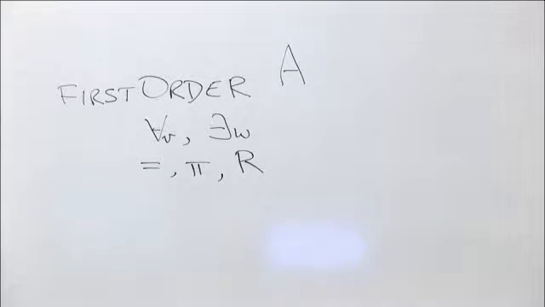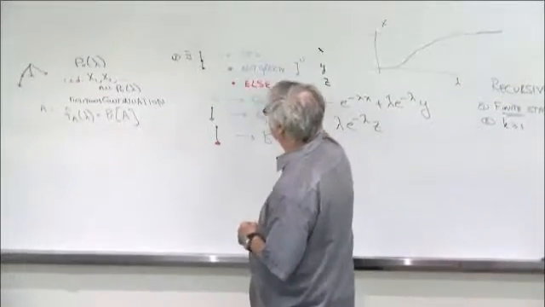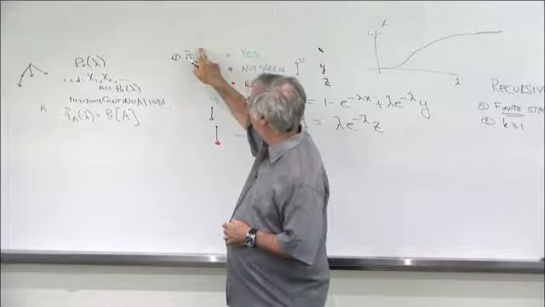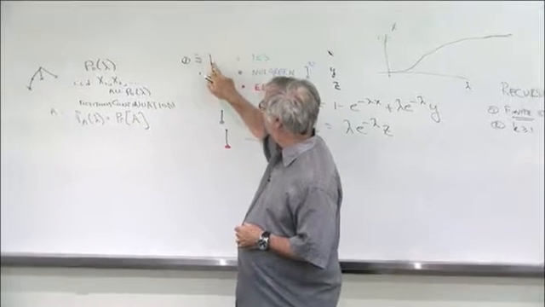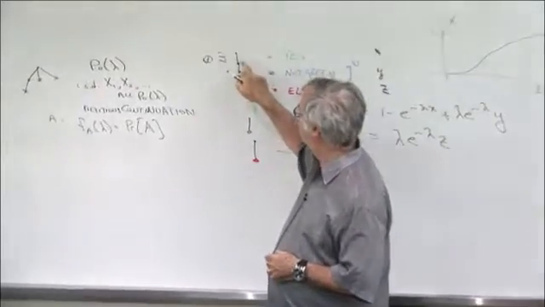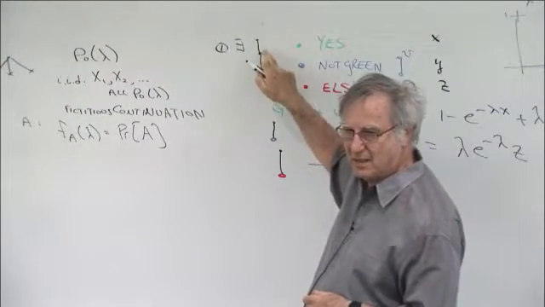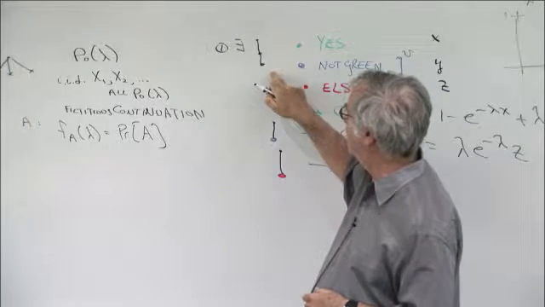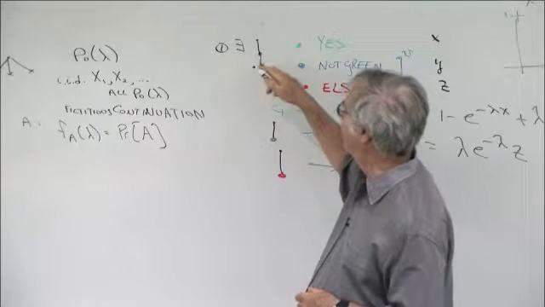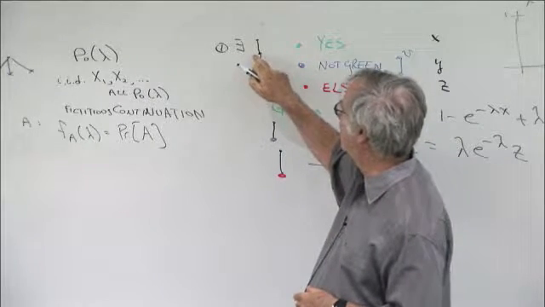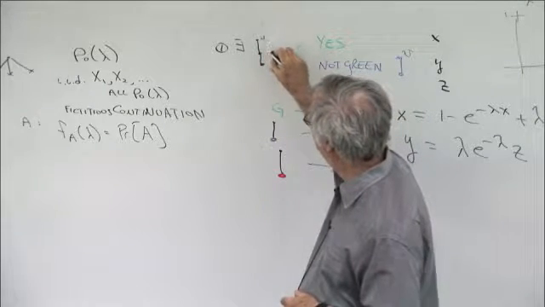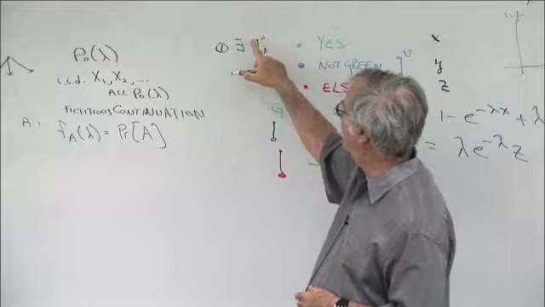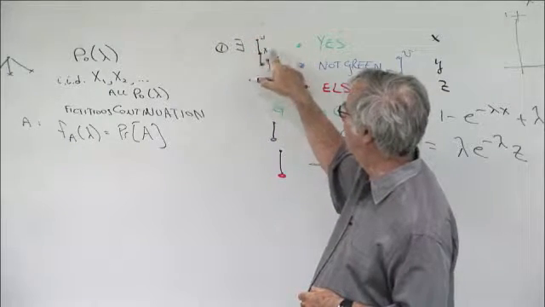So if I want to look at this sentence, I'd say there exists w, x, and y, such that w is the parent of x is the parent of y, and for all z, if w is the parent of z, then z equals x.